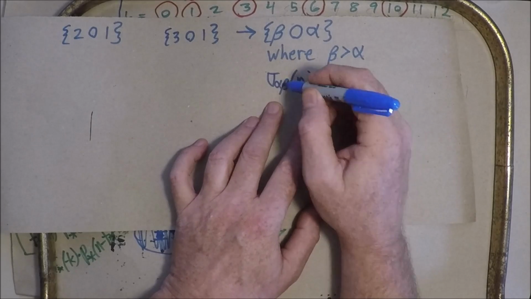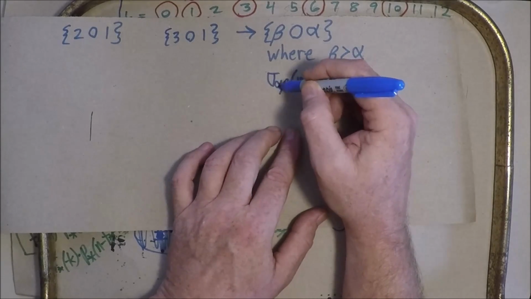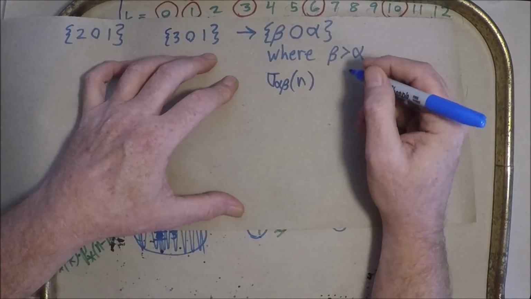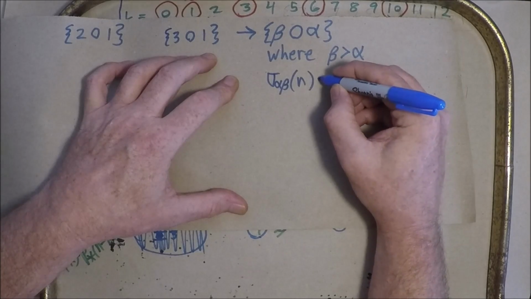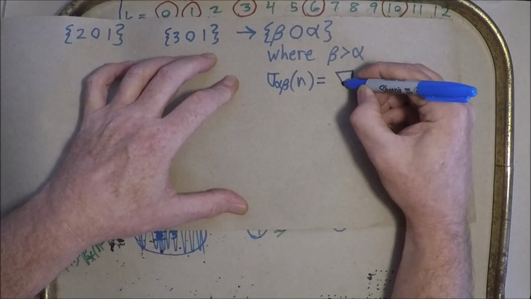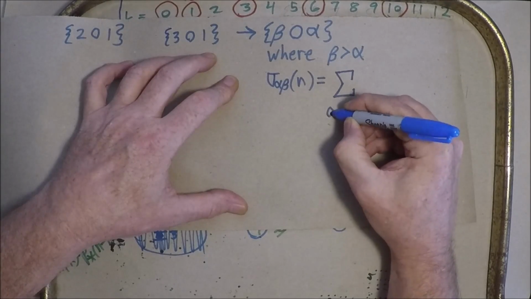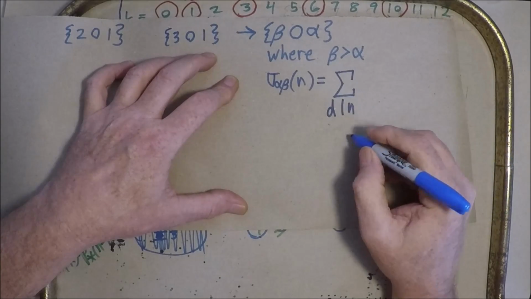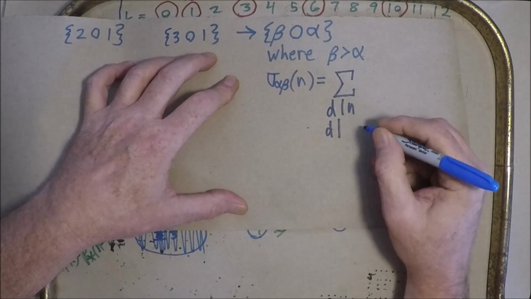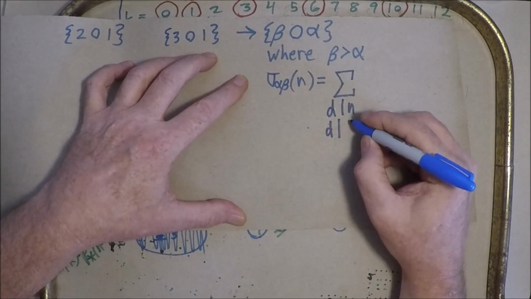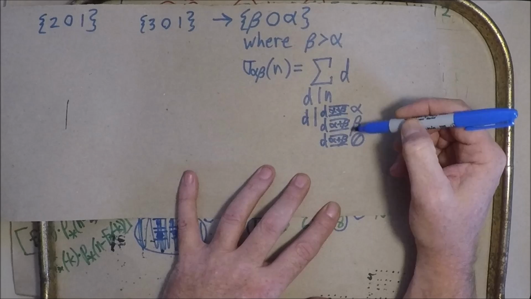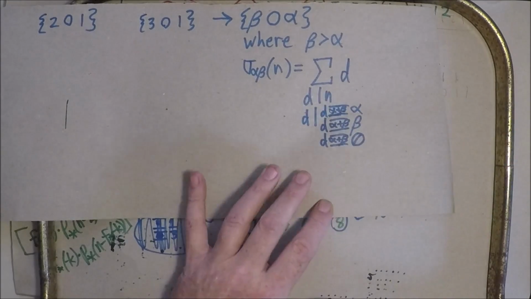So our sigma star is actually a sigma alpha beta, and what it is summing equals the sum of the divisors of n, with the divisors also such that d is equivalent to alpha, beta, or 0 mod alpha plus beta.